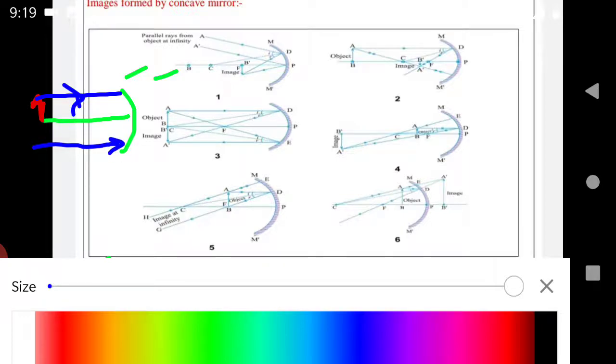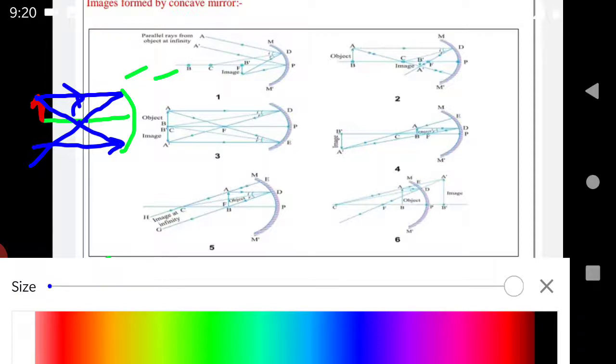This is the focus of the concave mirror. When the rays are parallel to the principal axis, they reflect back through the focus from this side and from this side as well.